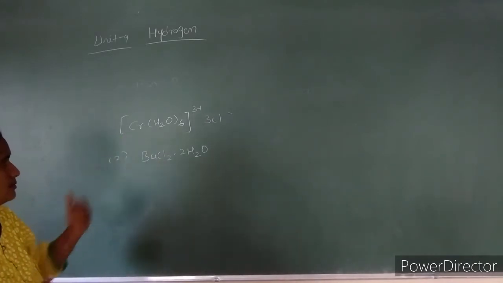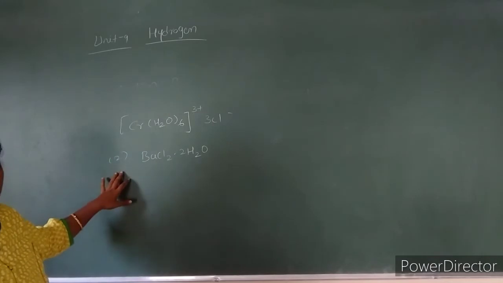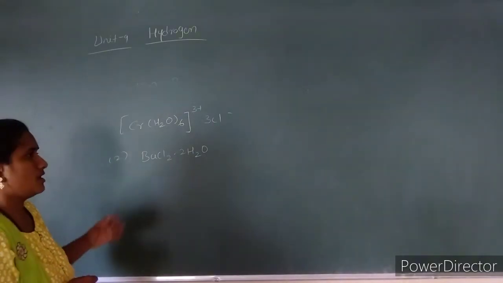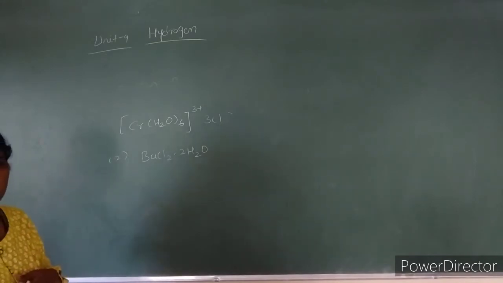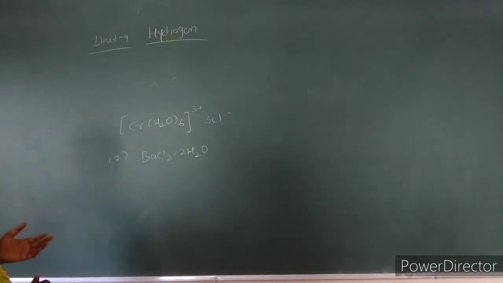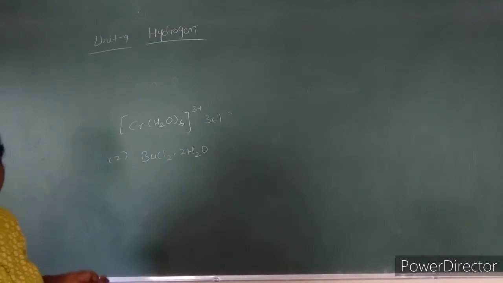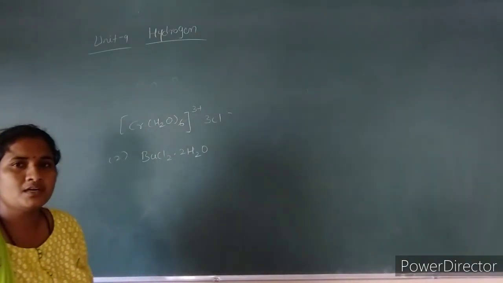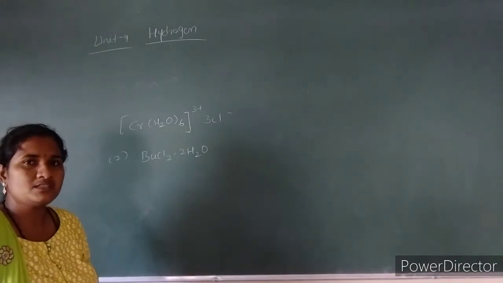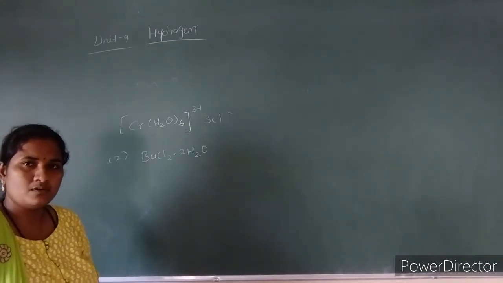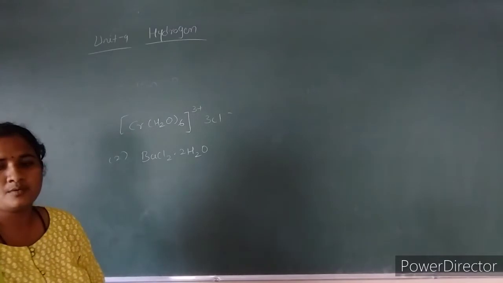These are the examples. So these are the four important properties of water: one is the amphoteric behavior, then the redox behavior, the hydrolysis behavior, and the fourth one is the hydrating property of water. So this is about the properties.